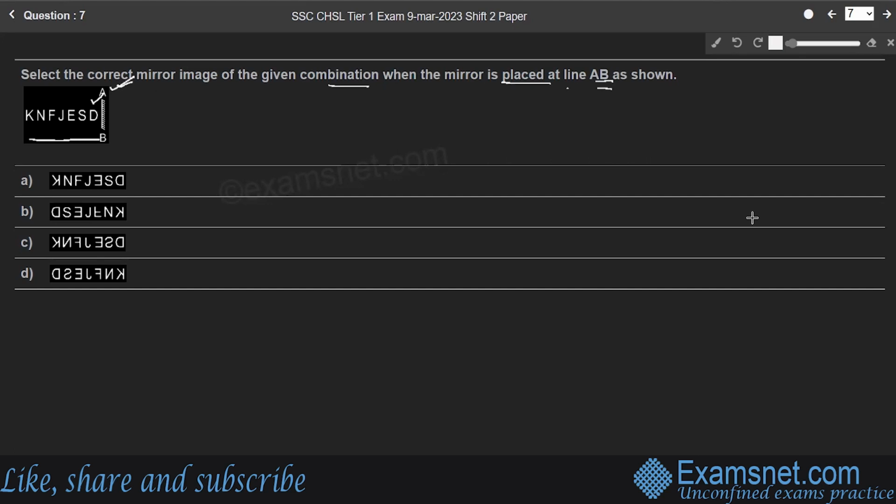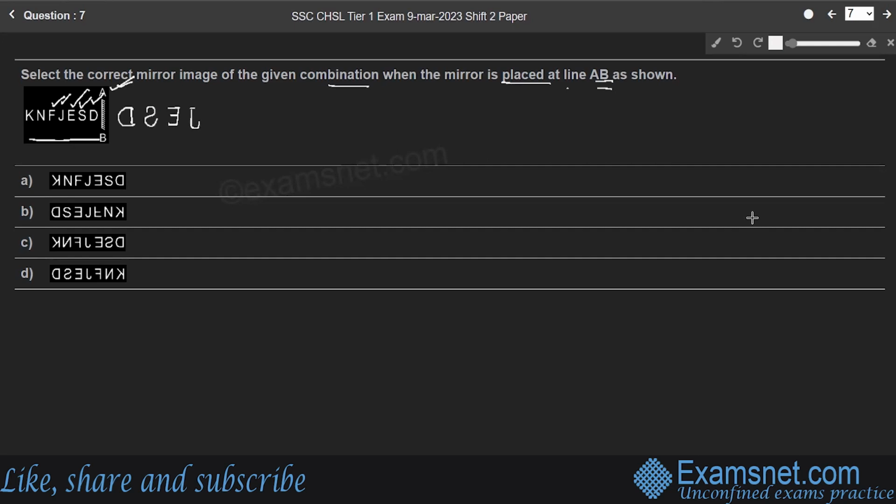Therefore, mirror image of the letter D will be like this, right? Since S is also not a symmetrical letter, mirror image will be like this, right? So E is also not a symmetrical letter. Therefore, mirror image of E will be like this. And mirror image of J will be like this.